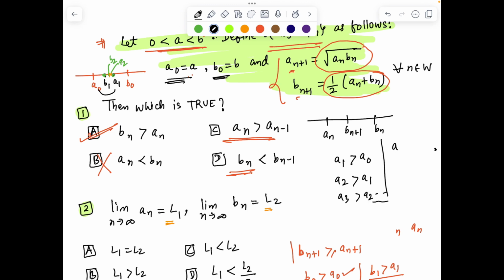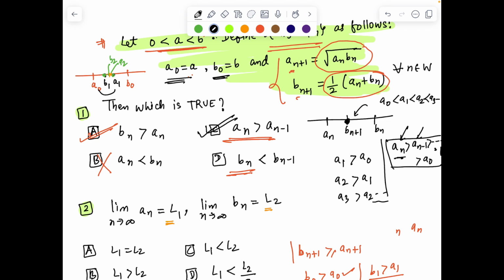Because of the arithmetic mean placement in between, the conclusion that I got is an is a monotonically increasing sequence. Monotonically increasing means an is greater than a(n-1) and so on. So a naught is lesser than a1, lesser than a2, a3, and so on. So that marks option C as correct.